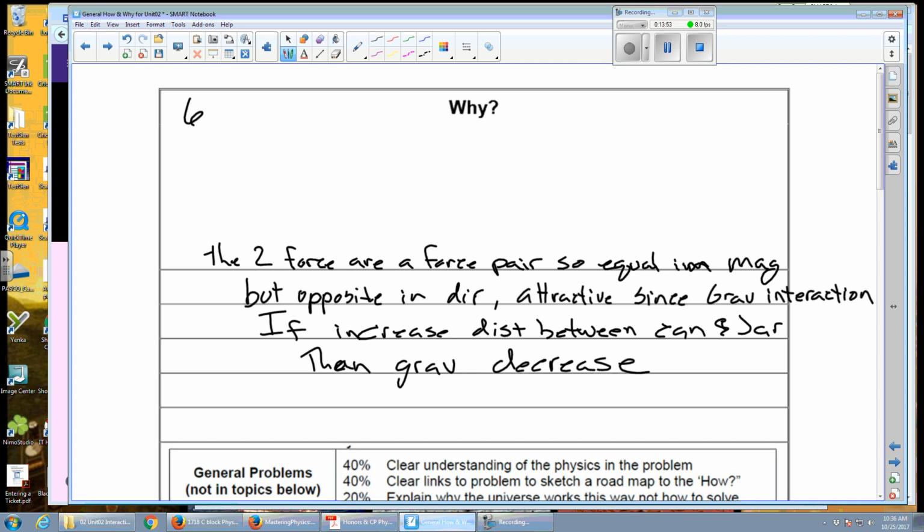Yep. Let's write it that way: if I increase the mass of either, gravity increases.